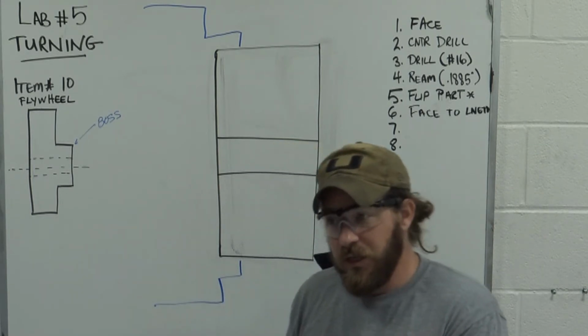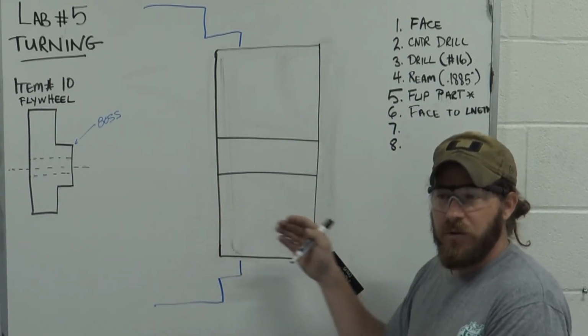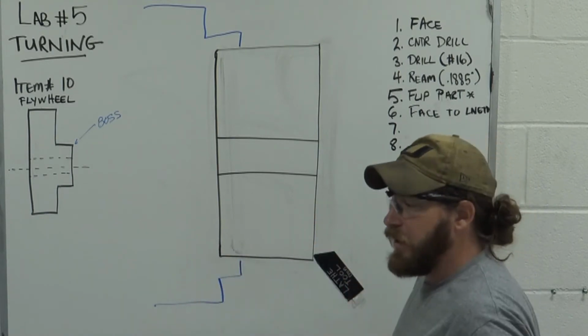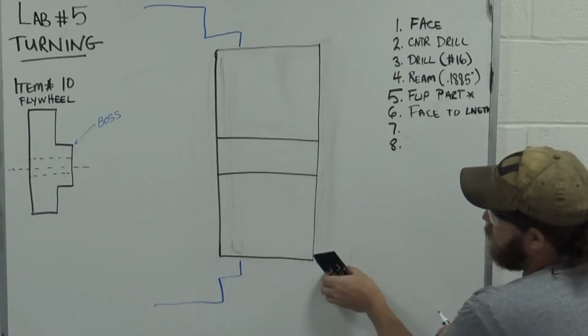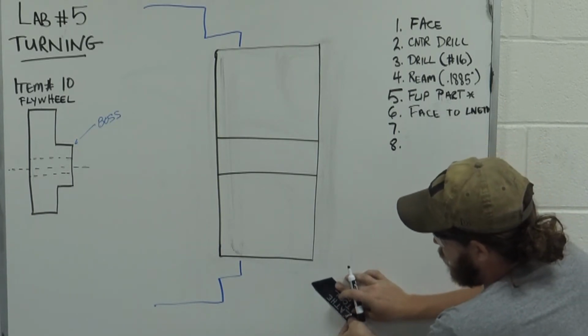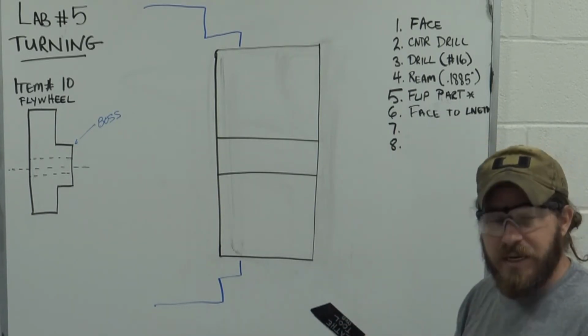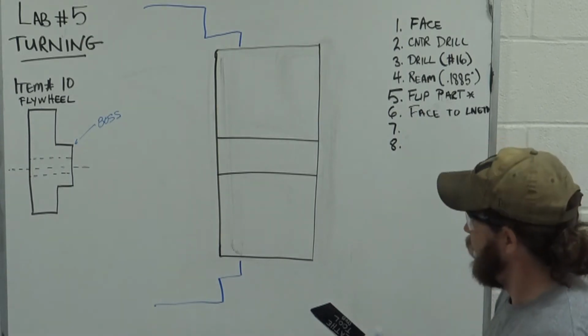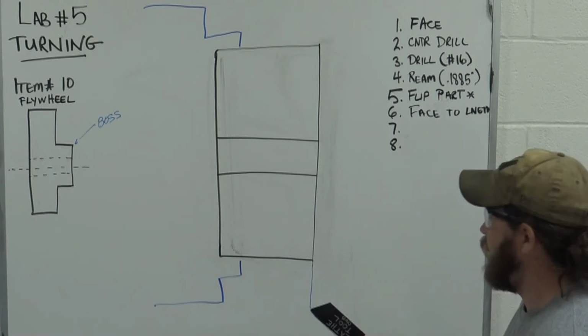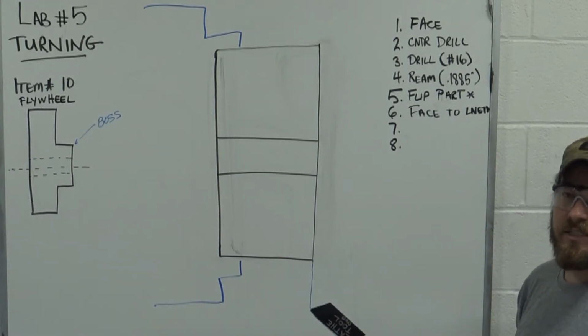Before we were just working in one direction, right? We were just taking pins and making them shorter, right? So, when I face this, I want to go straight down and set my Z to 0.